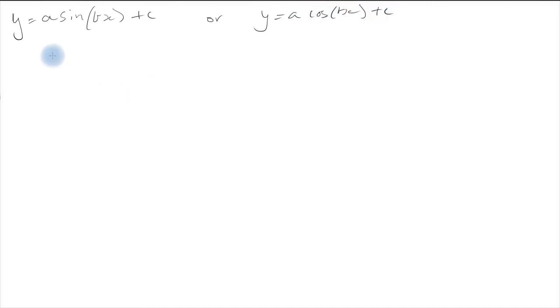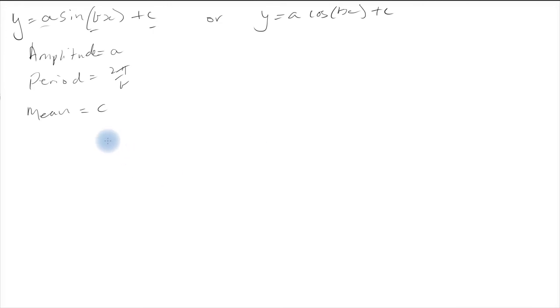What that basically means is we now have an amplitude of a, a period of 2 pi on b, and a mean value that has been shifted up c units. So that's the a, the b, and the c. There we go, that's all the new content.